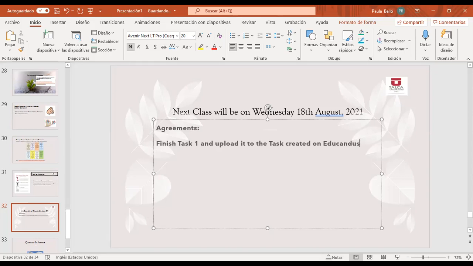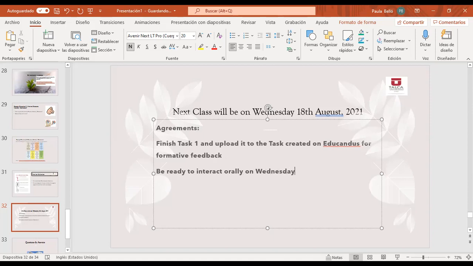¿Se acuerdan? El iconito con la manito. That means you upload your task there for feedback, yes, for formative feedback, and so that you are ready to interact orally on Wednesday about all of the topics we discussed today.